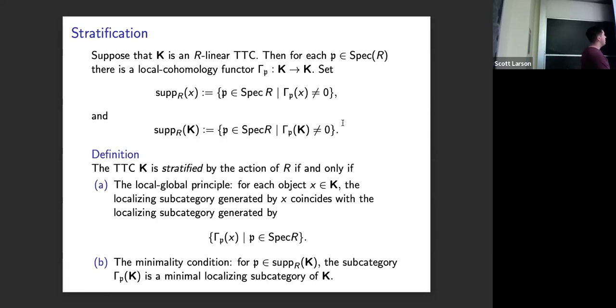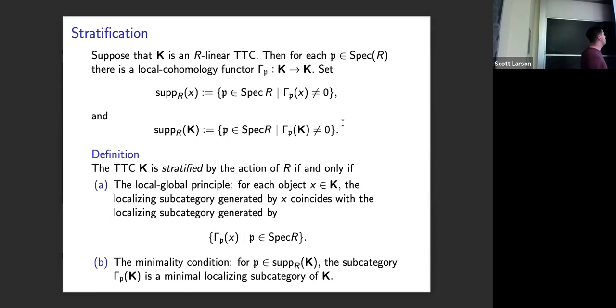And these are quite abstractly constructed. So I don't really want to get into the details, but essentially they give us a way to define support in K in terms of the spectrum of R, given this R linear setup.